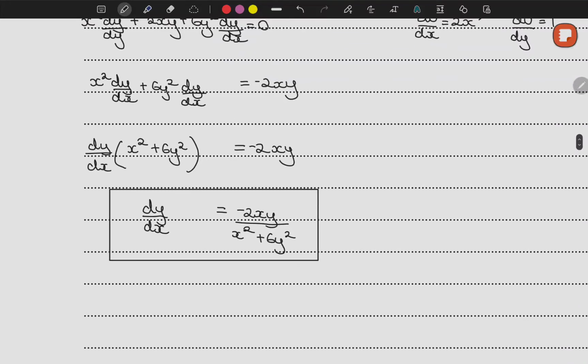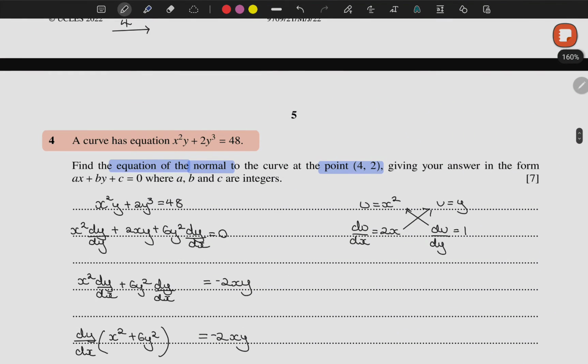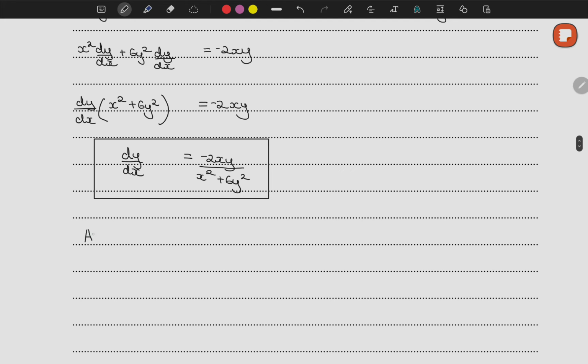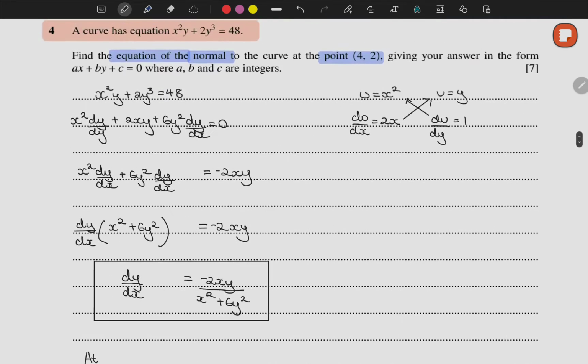So we have our dy dx, and they've told us the point is 4, 2. If I substitute this point into my dy dx, I'm going to get the gradient at that specific point.